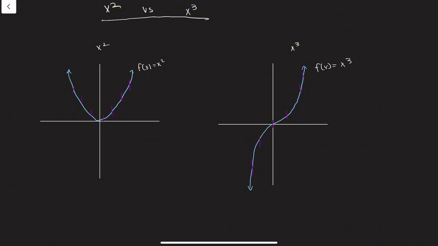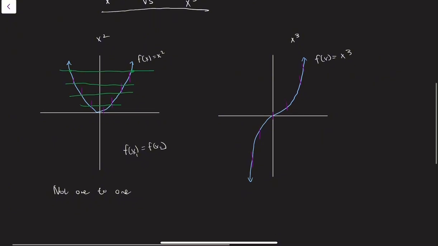Great. But the horizontal line test is what tells us whether a function is one-to-one. For x squared, we see that, that's not a great horizontal line, but you get the point, we have two x values corresponding to the same output. So this is not one-to-one, since we have f of x1 equal to f of x2 for some values of x.